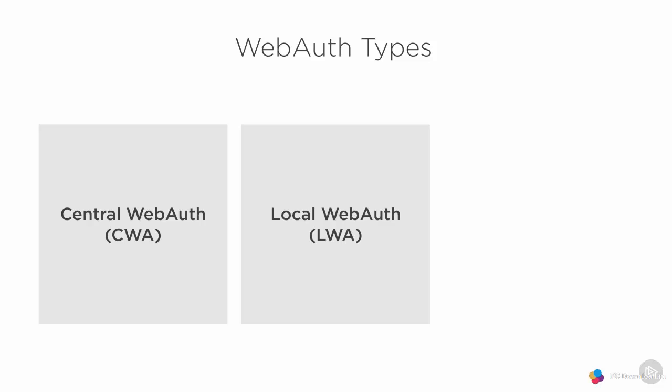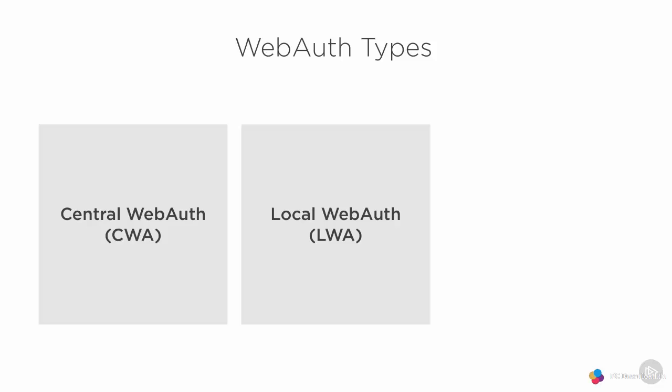Now, with local web authentication, the big difference here is that either the wireless controller or the switch, whichever device is acting as the network access device, or the NAD, for that client to connect, that device would be presenting them with the web browser.